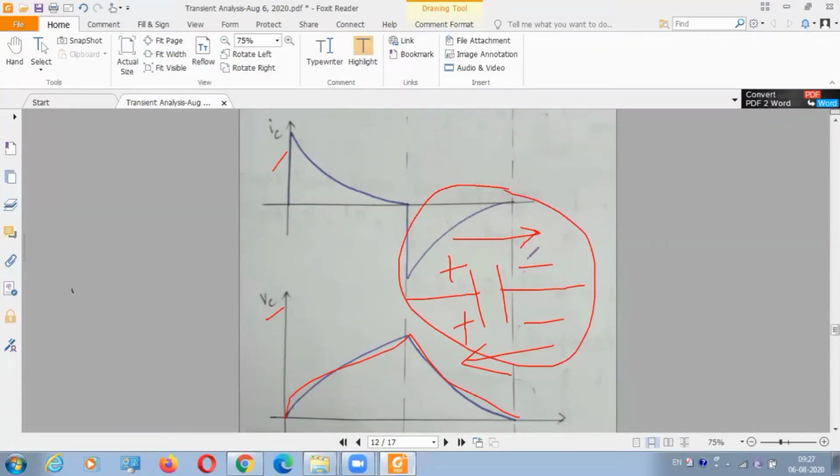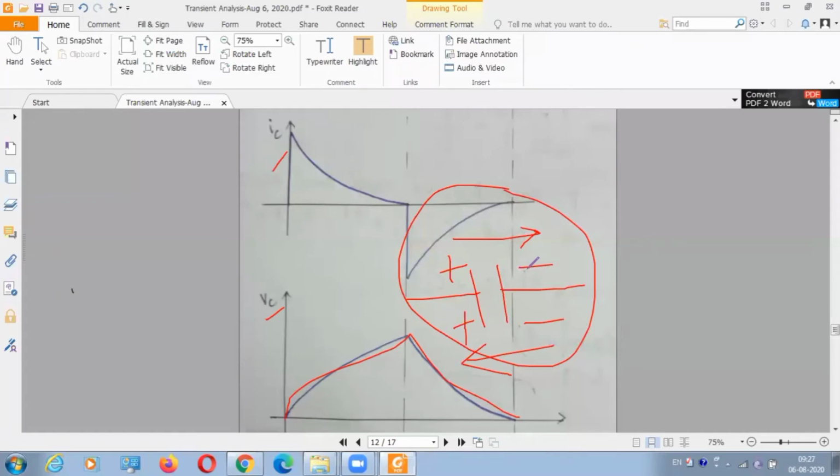How will you remember? If you can't understand the capacitor or anything, you should remember that inductor and capacitor behavior are mutually exclusive, just opposite to each other. For an inductor, V is equal to L di by dt, so the voltage equation for an inductor is a differential equation.